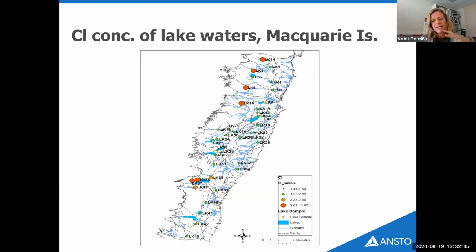So instantly we know that there are processes occurring that are outside of a rainfall recharge signal across the island. From previous studies as well as our study, we can see that this chloride concentration increase is due to marine aerosol input from the westerly wind direction.